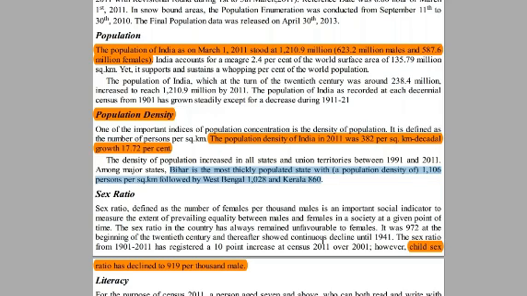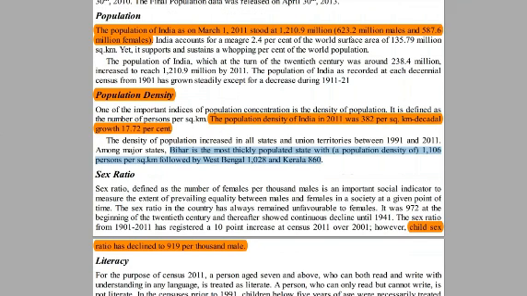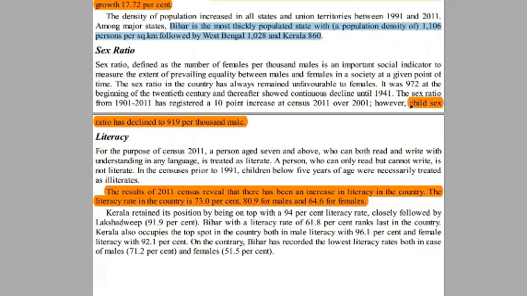Apart from this, information has been provided with respect to sex ratio as well as literacy. With respect to sex ratio, remember this, the child sex ratio has declined to 919 per thousand male, that is between the ages of 0 to 6 years. Another term that has not been provided is the overall sex ratio of India. The overall sex ratio of India is 940 as per the census of 2011.